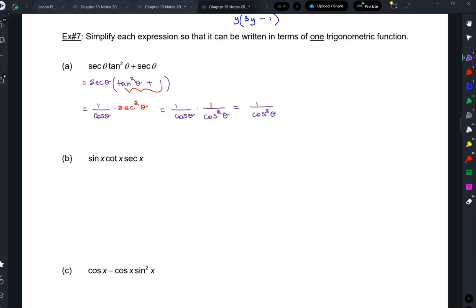Okay? So look, this was 1 over secant squared, we know is 1 over cosine squared. Multiply the numerator, multiply the denominator is equal to this. Now, or you can also leave it as secant cubed theta. Either will work. Okay?